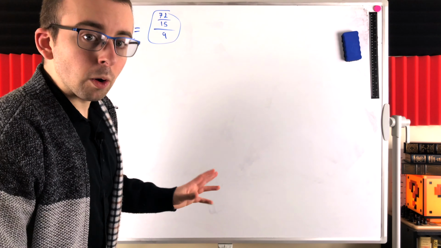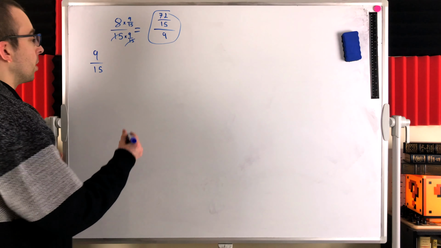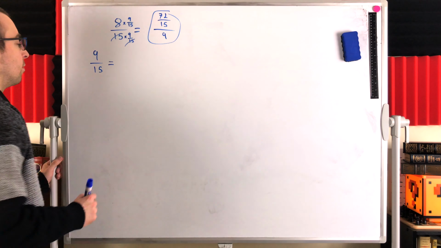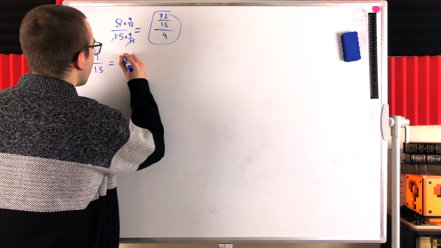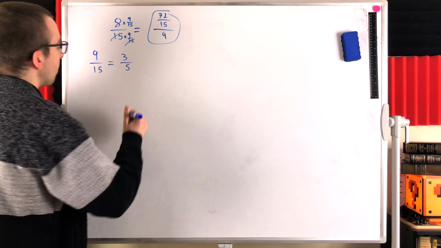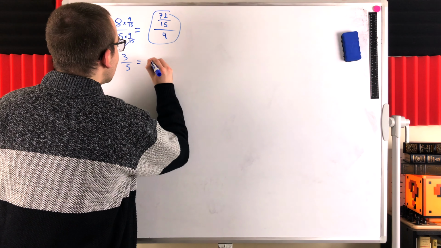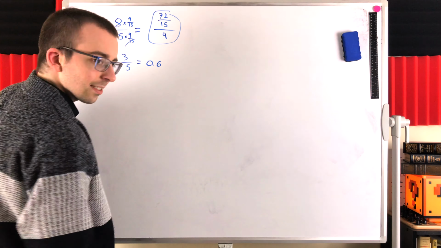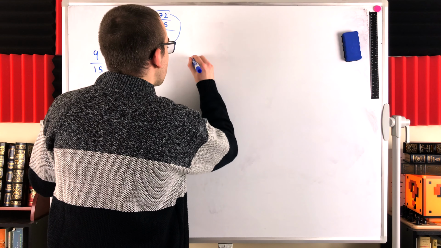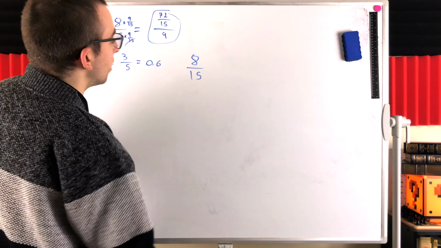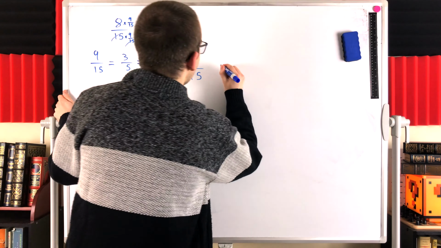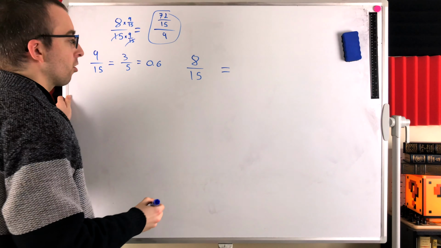Just as we did before, we could also use a decimal. So we could rewrite 9/15 as, well, for starters, we could simplify the fraction. It's equal to 3 over 5, which is equal to 0.6. And then we could take our original fraction, 8 over 15, and multiply the numerator and denominator both by 0.6 to get the kind of fraction we want.